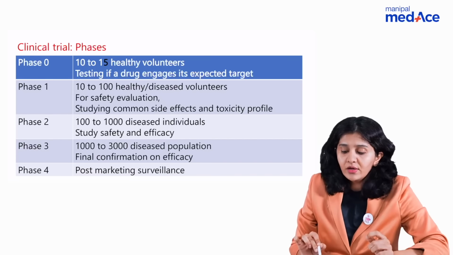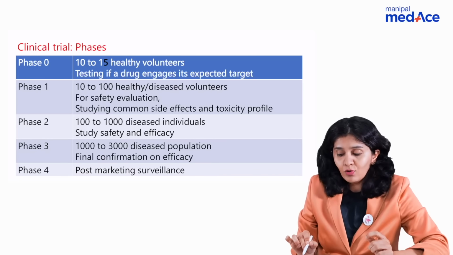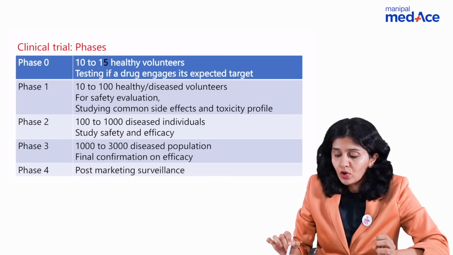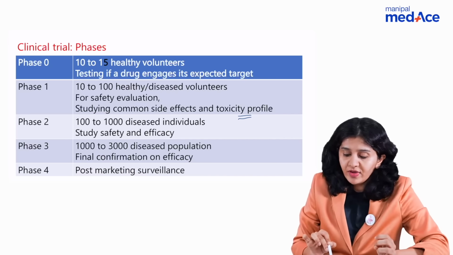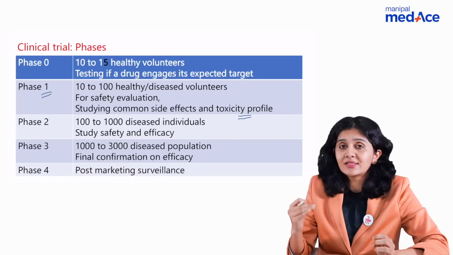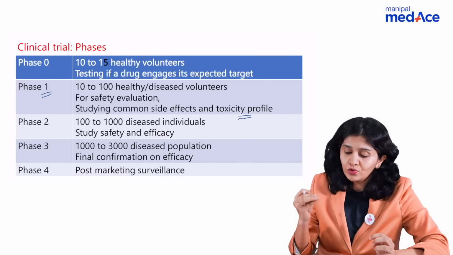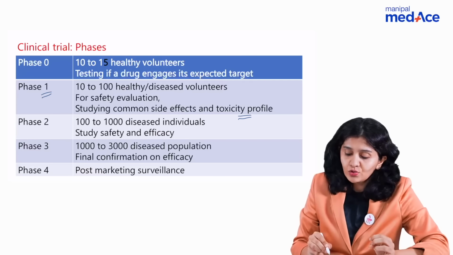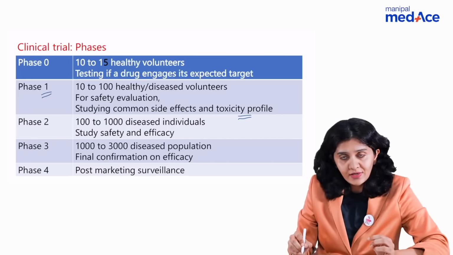Phase 1, we do it among 10 to 100 healthy volunteers or diseased volunteers. This is for safety evaluation. We study common side effects and also toxicity profile, right? So in phase 1, we see if there are any side effects, what is the highest dosage we can give. So usually we study dosages in phase 1. Phase 2, 100 to 1000 diseased individuals.